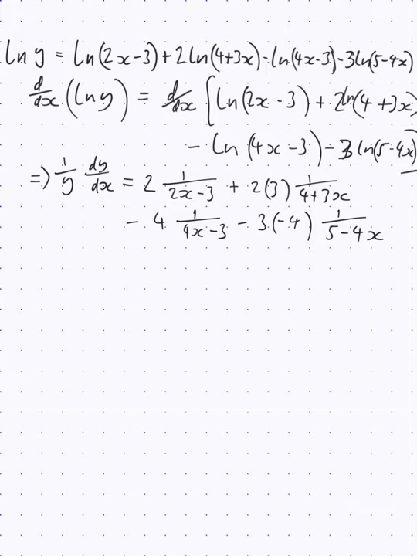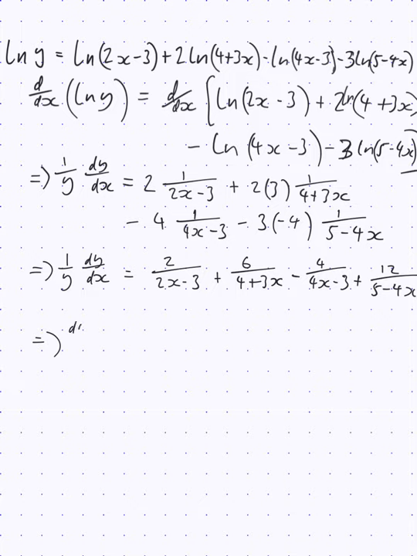So the derivative of log of 2x minus 3 is 1 over 2x minus 3 times the derivative of what's in those brackets, which is just 2. Same for all of these terms. So the log of 4 plus 3x becomes 3 times 1 over 4 plus 3x, and that 2 is still in front. And the same for the last two terms. So then we just sort that out.